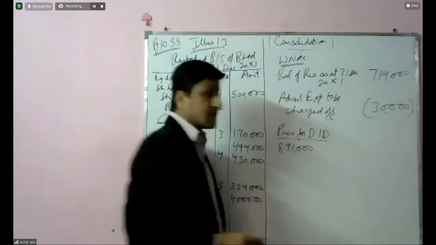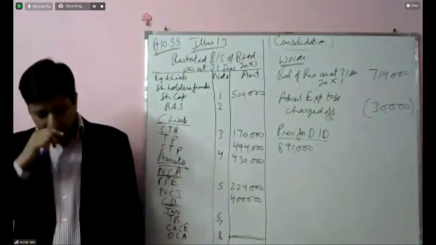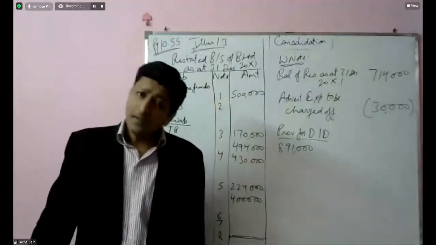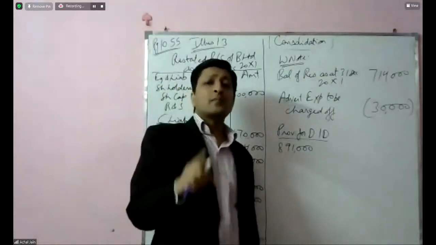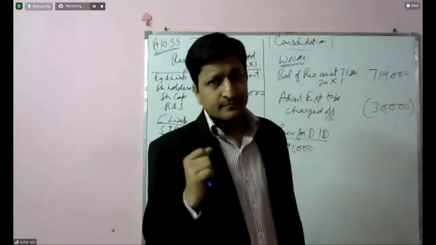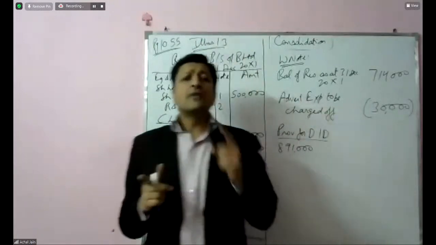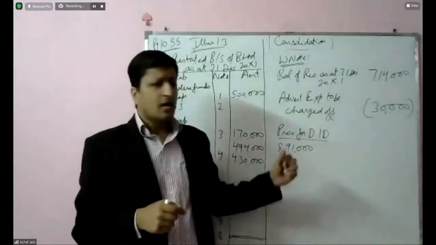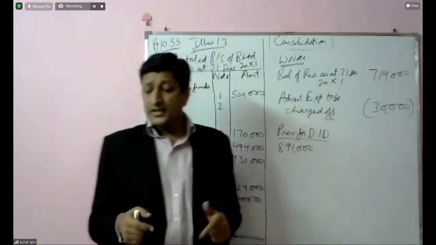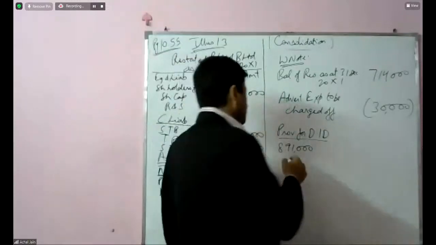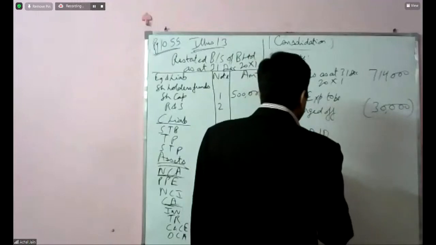This amount is after making a provision of 1%. Provision of 1% has been made on this amount, so this is 99%.